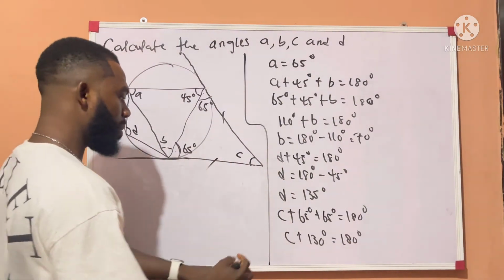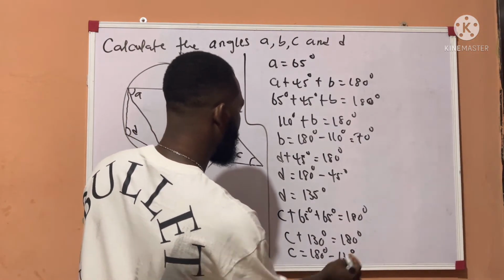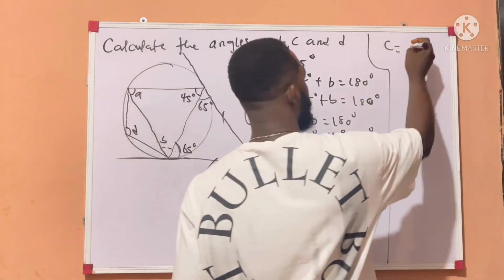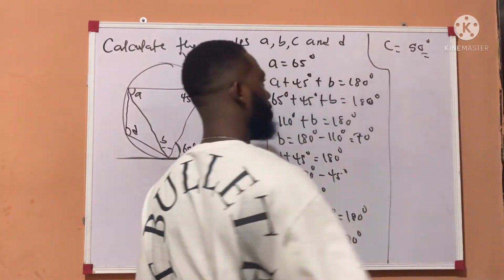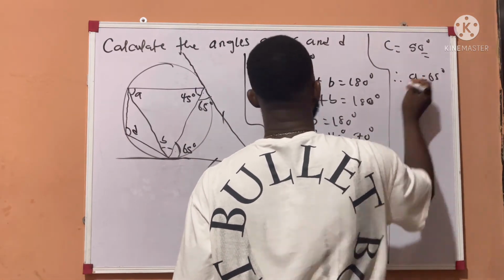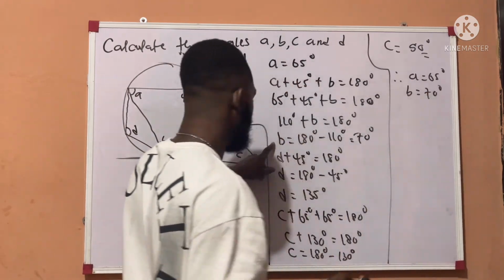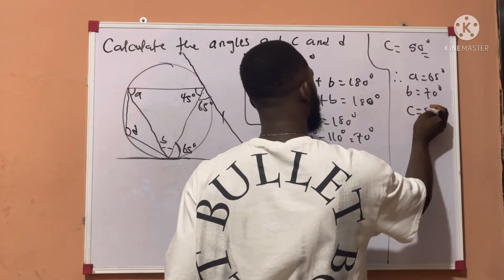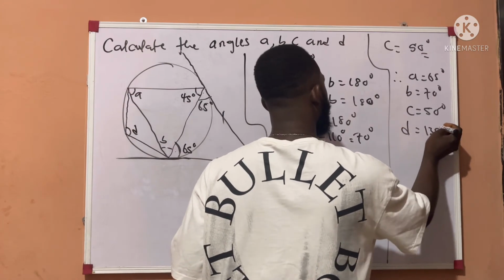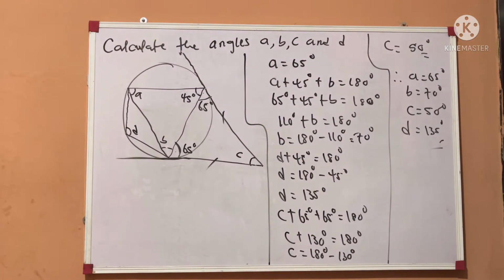If we collect like terms, C is equal to 180 degrees minus 130 degrees, which gives us 50 degrees. Therefore, A is 65 degrees, B is 70 degrees, C is 50 degrees, and D is 135 degrees. So these are the values for A, B, C, and D in the diagram.